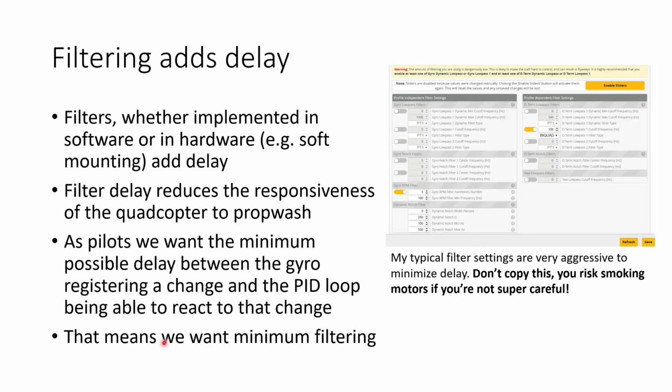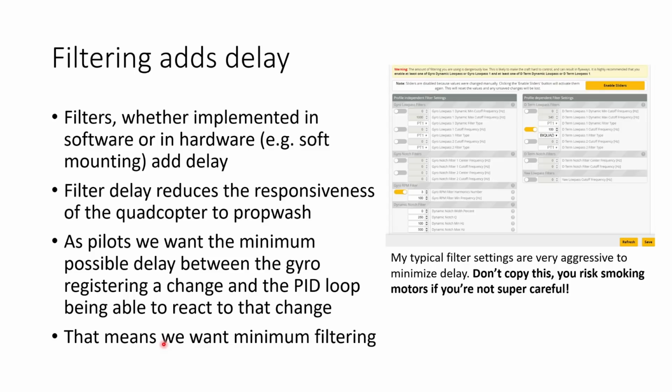So we need to get rid of this noise, and that means we need to add filters. But filtering, whether you implement it in software or in hardware, for example by soft mounting your flight controller, all types of filtering add delay, and that delay is mathematically related to how aggressive the filter is at removing higher frequency noise.